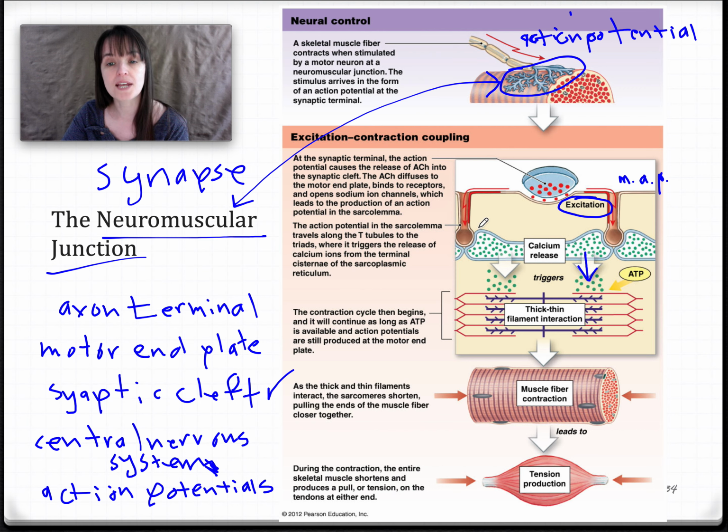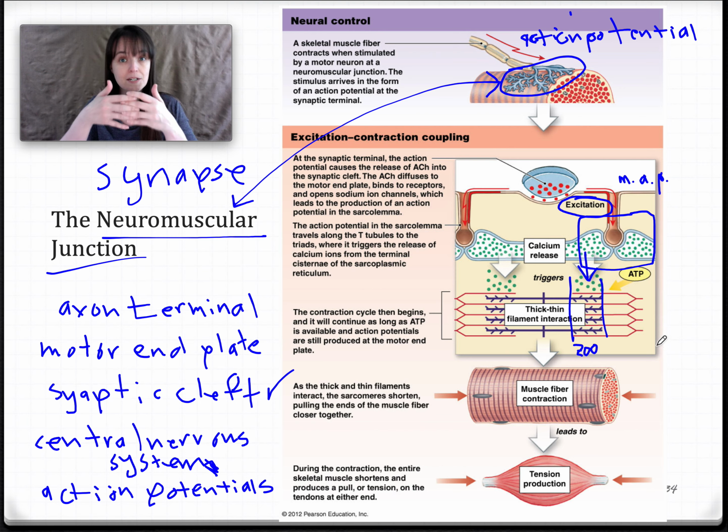And remember, there's a triad, two terminal cisternae plus the T-tubule, at every zone of overlap, which is where the thick and thin filaments interact, which is where the muscle contraction takes place. And so we're releasing the calcium right here at the zones of overlap so that it can bind to which protein?